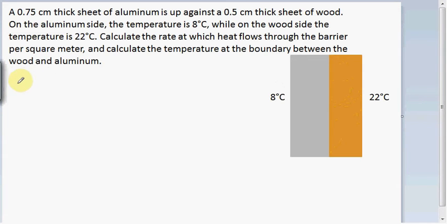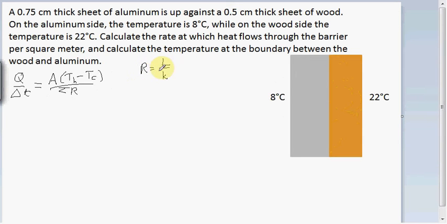So we're going to start out by saying Q over the time, the amount of heat per time, is equal to A times, that's the area, times T hot minus T cold divided by the sum of the R values of all of our materials that the heat has to flow through. And just as a reminder, R for any material is equal to the thickness divided by the thermal conductivity.